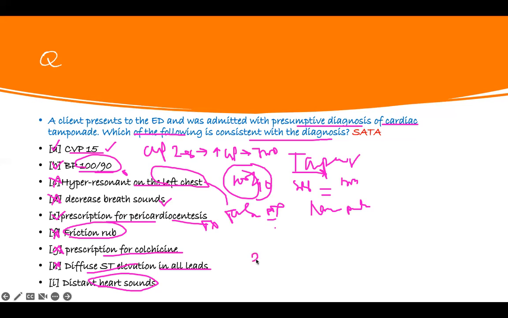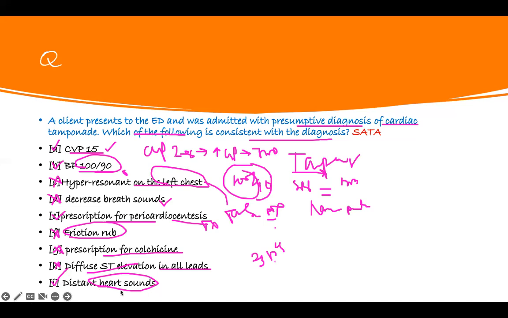I'll give you a clue, the 3D of cardiac tamponade, which is decreased blood pressure, decreased heart sound, which is the same as muffled heart sound, and then distended neck vein. Therefore, this is that. So this is all you need to know about those two. I've tried to make it easy for you as much as possible.